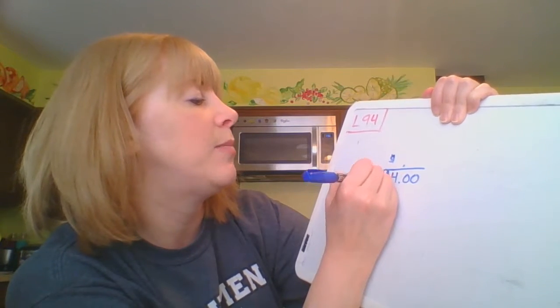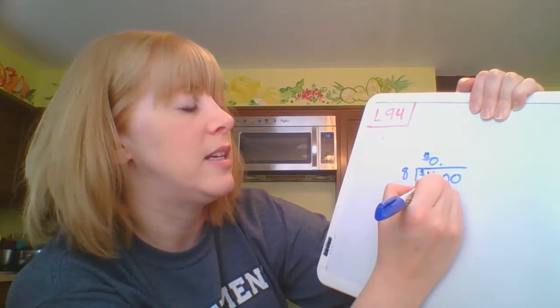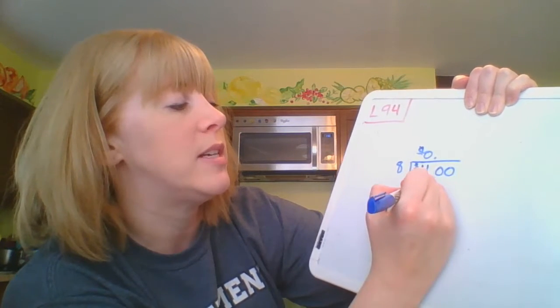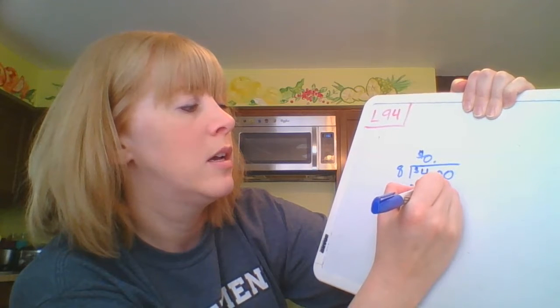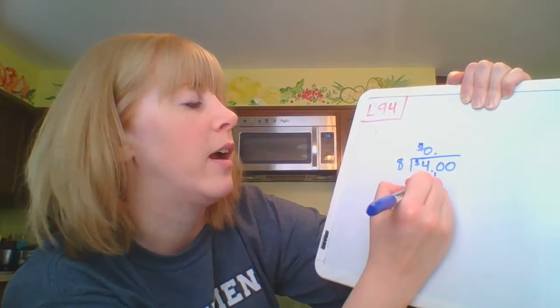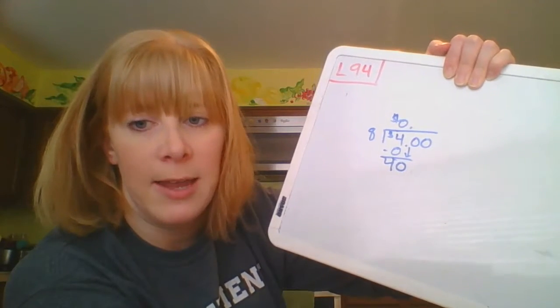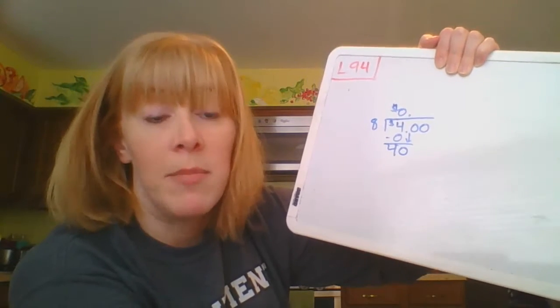She bought 8 bagels. So 4 divided by 8, 0. 8 can't go into 4 right now. So 0 times 8 is 0. 4 minus 0 is 4. Goodness gracious, Miss Yeager. Now I've got 40 divided by 8. 40 is a multiple of 8.